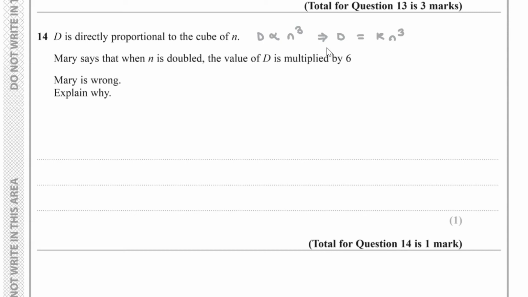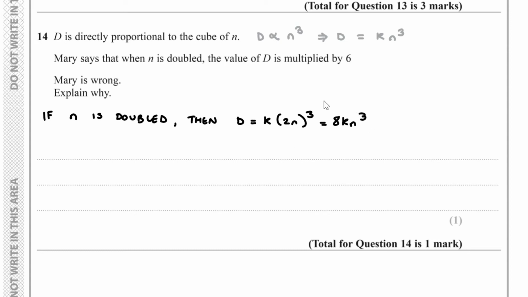So, when n is doubled, let's just write this down. If n is doubled, then d is now equal to k lots of 2n cubed, which is 8k n cubed.